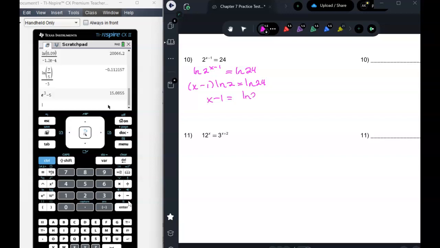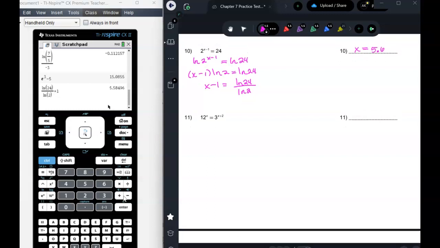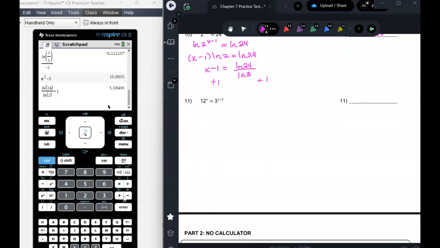So we can make this natural log of 24 over natural log of 2, and then add 1. So I could just type this in: natural log of 24 divided by natural log of 2, and then we're going to add 1. 5.6. We're all right with that? Yes, plus 1 to both sides. 5.6.